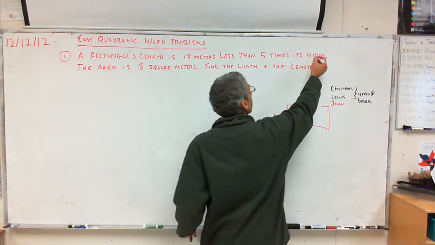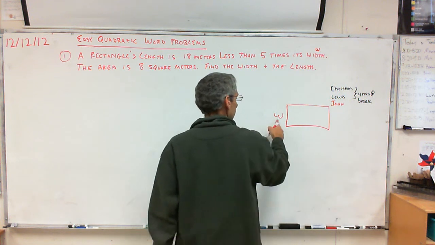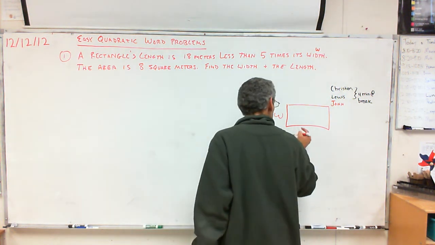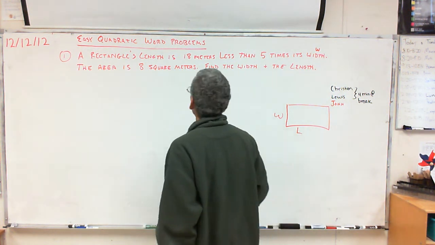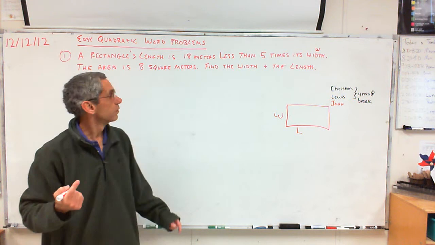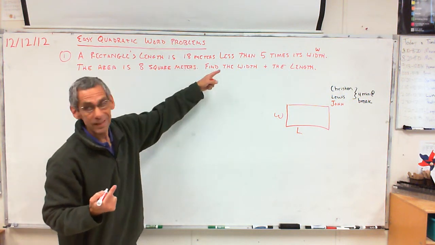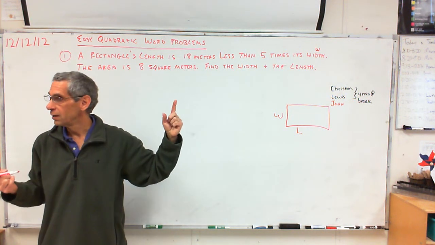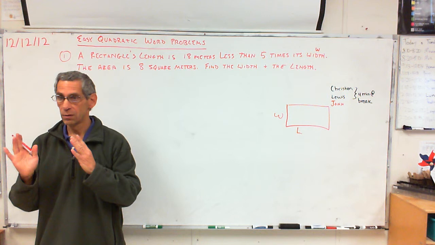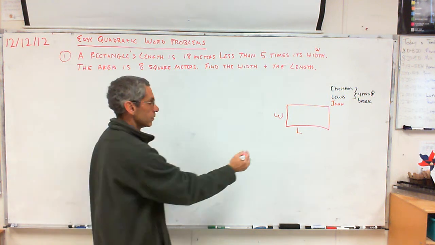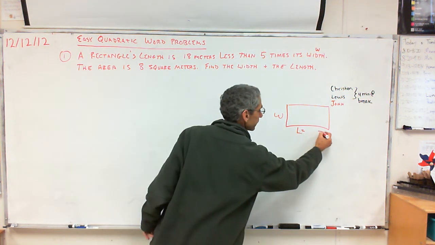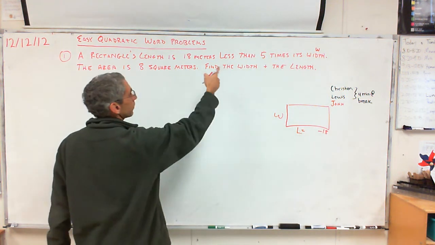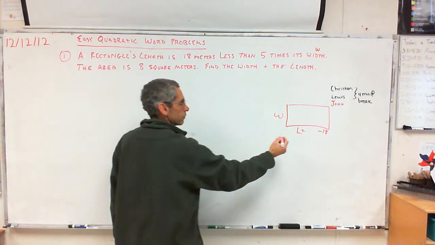So we make the width w, right? Now the length, this is going to be the length. What is the length? How would I write that? 18 meters less than, where do you put that? Minus 18, where does it go? After. So length is minus 18, less than what? 5 times the width.